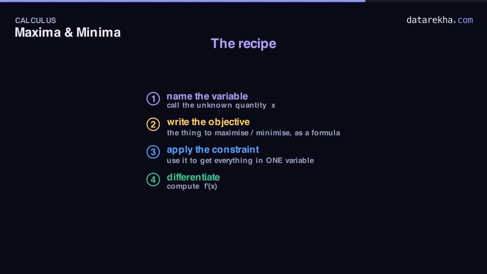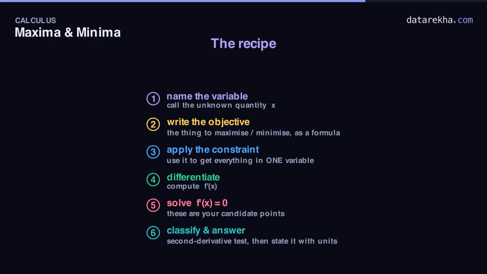Fourth, differentiate. Fifth, solve f prime equals 0. Those are your candidate points. Not yet the answer. And sixth, classify with the second derivative test, then state the answer properly with units. 6 steps and every optimization problem falls.